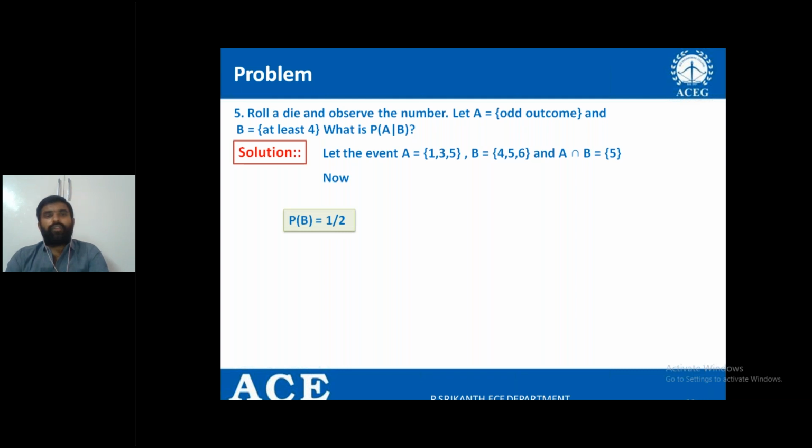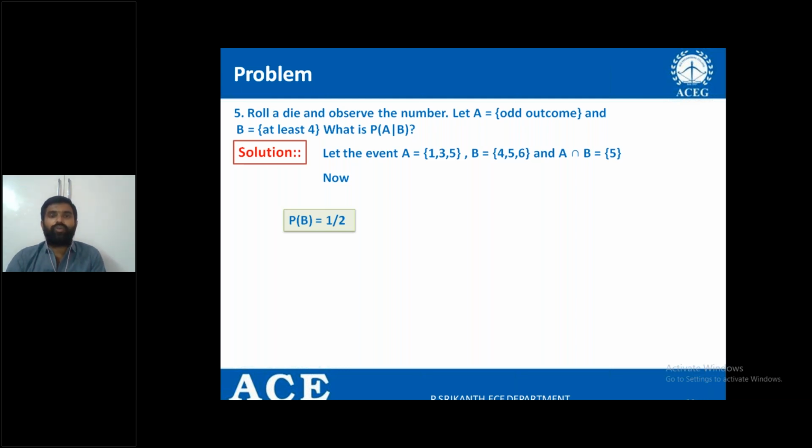So I need to find P of A given B. As per the previous relations, we know that P of A given B equals P of A intersection B divided by P of B. So we need the probability of A intersection B and the probability of event B. First, what is the probability of event B? Event B is 4, 5, 6.